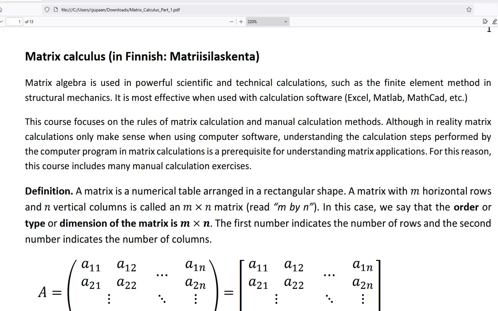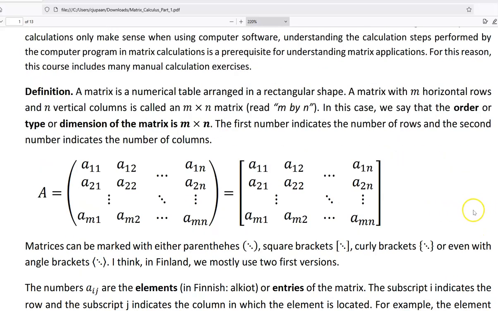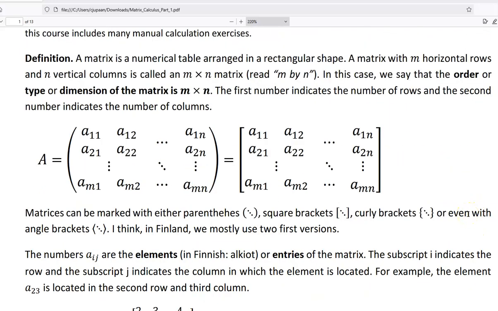First, this definition here, if I can show that to you. Actually these matrices are some kind of spreadsheets, or you may think that they are some kind of tables of numbers, or numerical values.